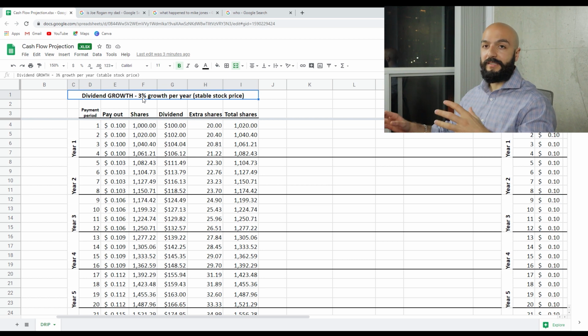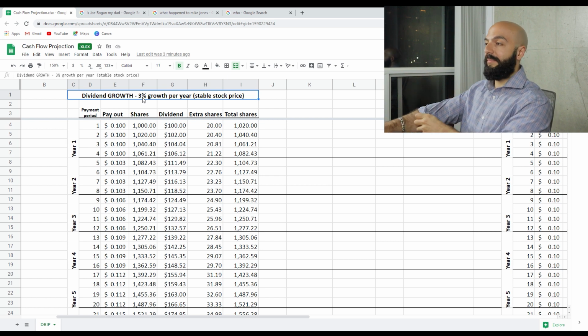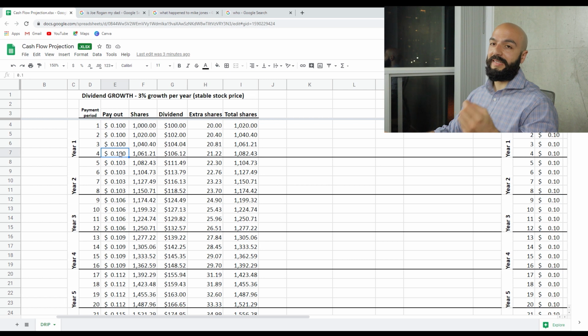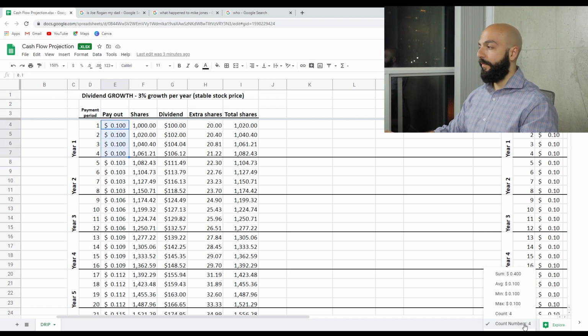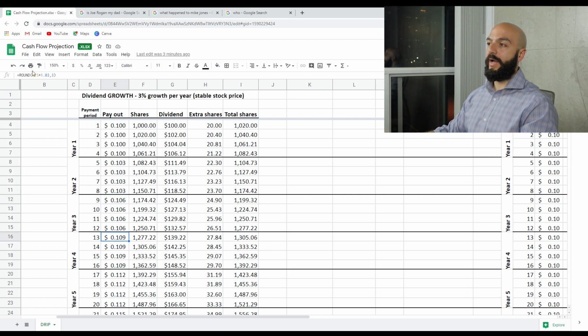It might not always be like this, but again, bear with me, it's just for ease of understanding. If you see over here, the dividend stays steady at 10 cents a share because they only increase annually. So over here, we're at 10.3 cents. So initially we were at 40 cents a share, and then we went to 41.2 cents a share. And then it increases from then on. Also note, I rounded here just to give me nice clean round numbers.